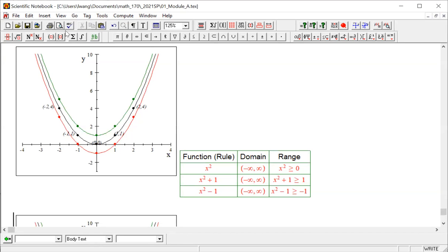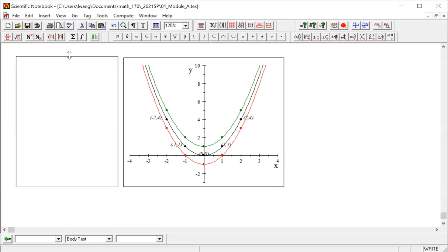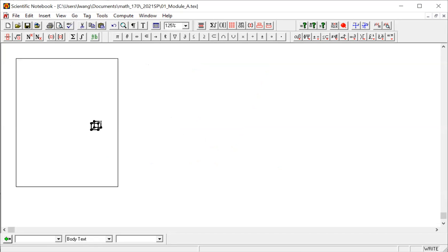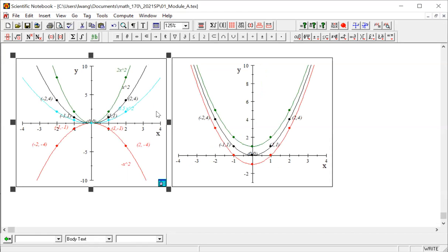Let's see what are the common traits we see among all of these pictures, right? Obviously, they're all symmetrical. So let's mark them.